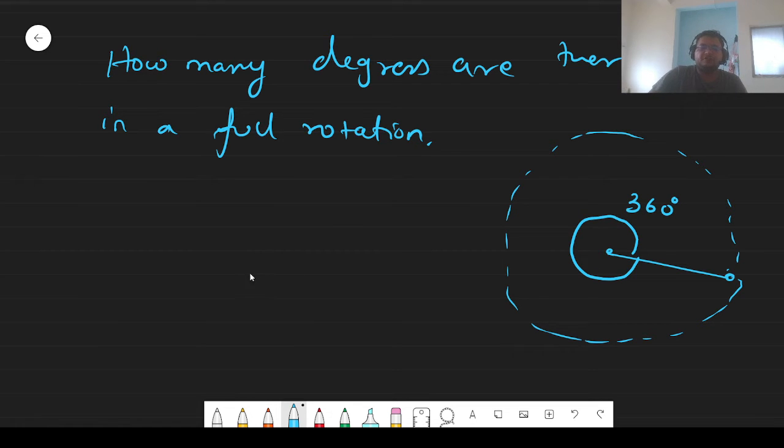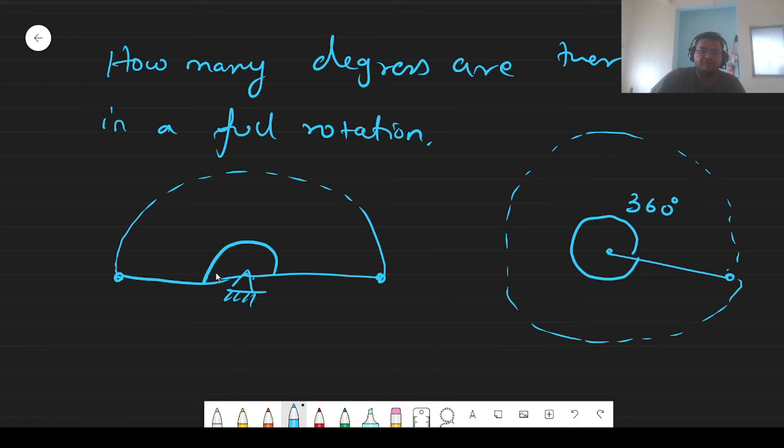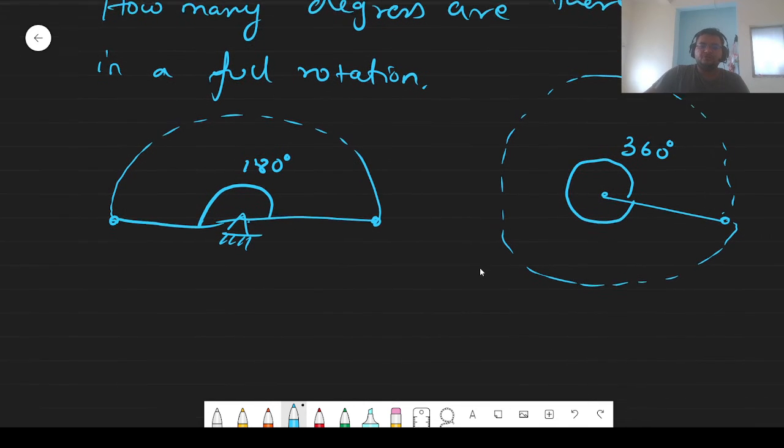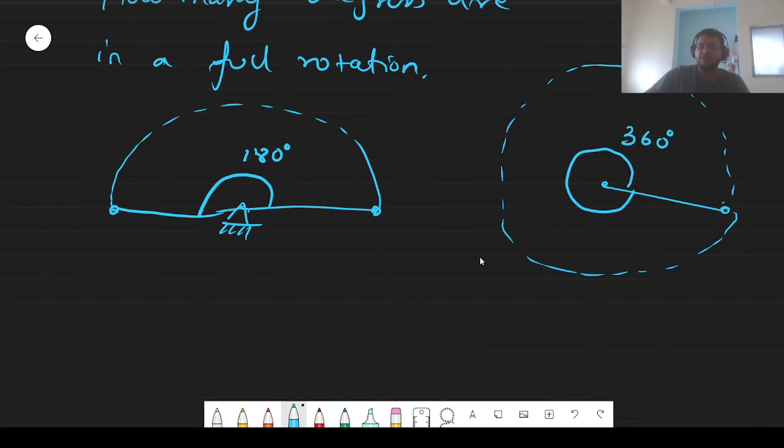Then if the rod is horizontally lying on the ground and is pivoted on one end, and I'm rotating it to the opposite side, the full rotation is 360 degrees. So half rotation will be 180 degrees. So this is what we have to study, that the full rotation is 360, half is 180.